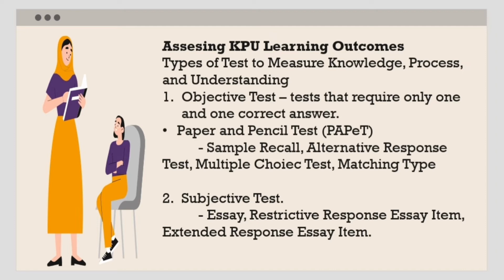These tests require only one and only correct answer. It is difficult to conduct but easy to check. So a great example of objective test is the paper and pencil test.